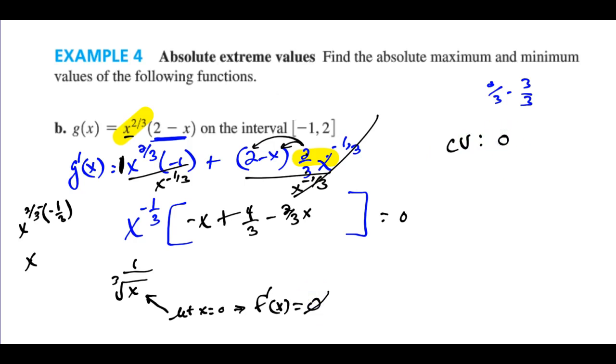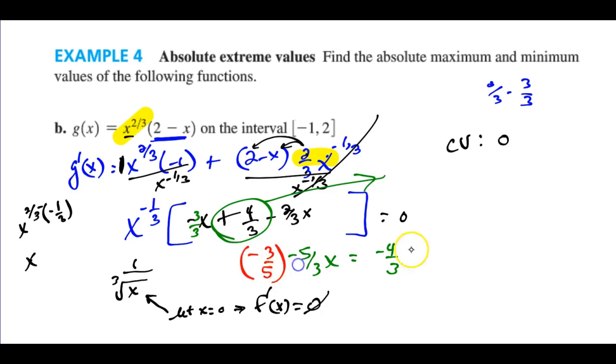And then if I've done this correctly, let's see, this is 3/3. So negative 5/3 x equals negative 4/3. If I bring this over on the other side, setting equal to 0, and then let's multiply both sides by negative 3/5 and end up with x equals negative 4/5.